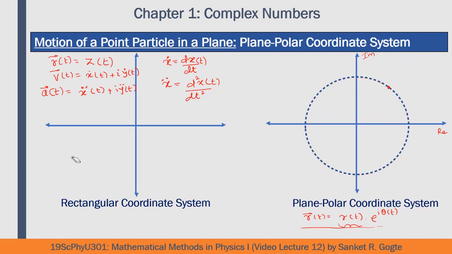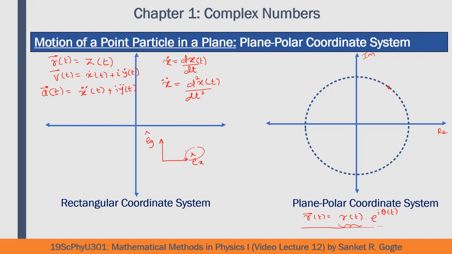When we are discussing vectors, we have to deal with unit vectors. For the rectangular coordinate system, these unit vectors are e x, the unit vector along the positive x-axis, which has unit length. Similarly, along y we have the unit vector e y. This cap here suggests that it is a unit vector.